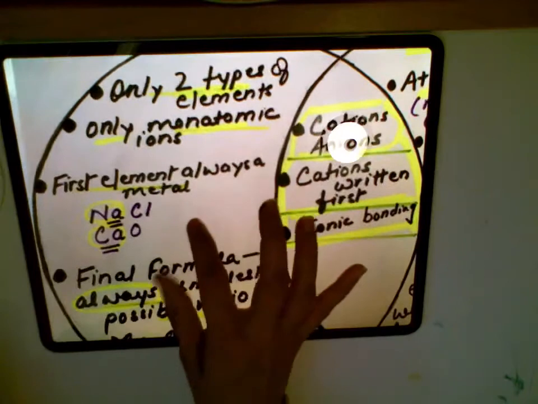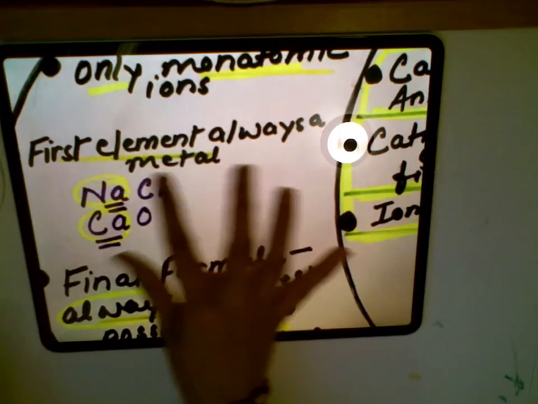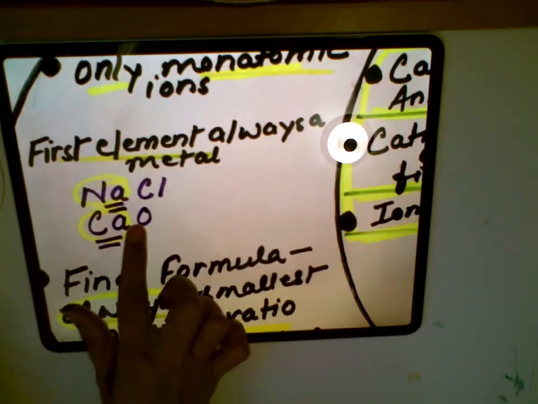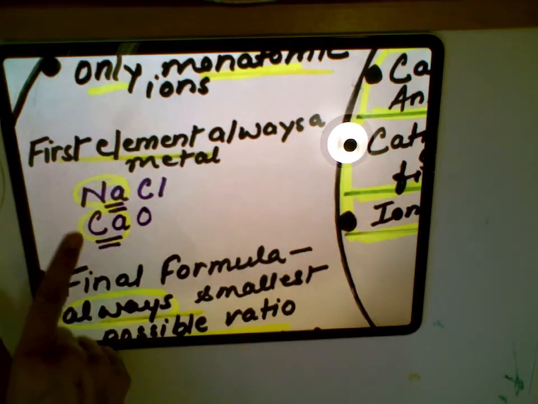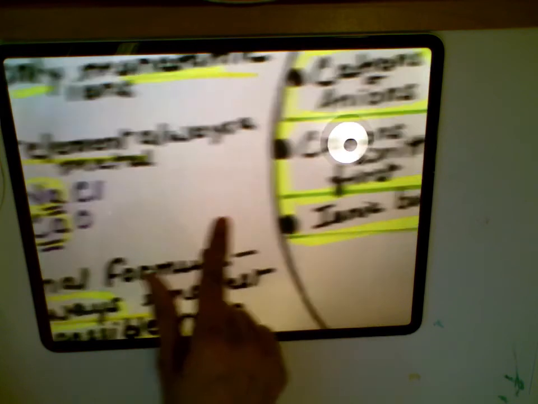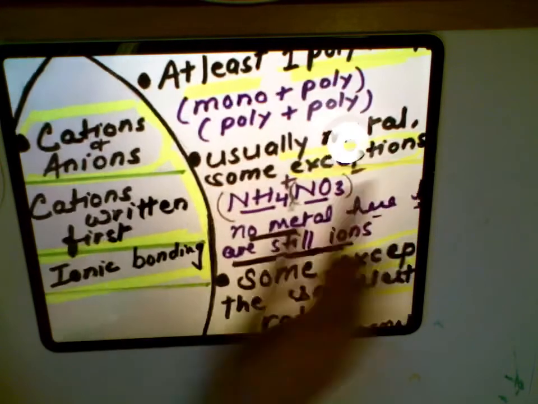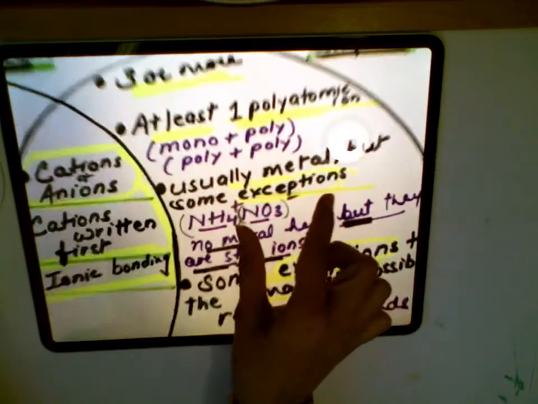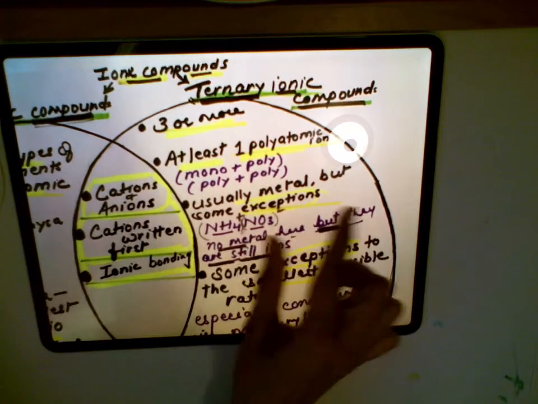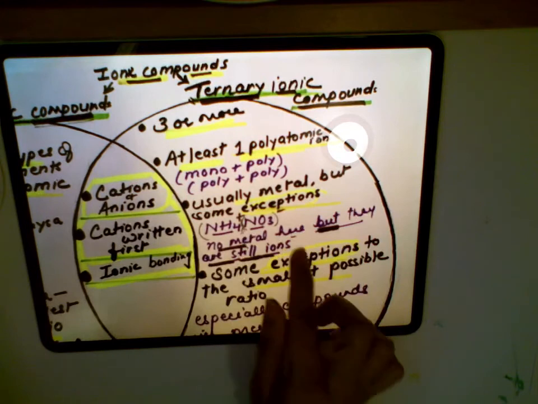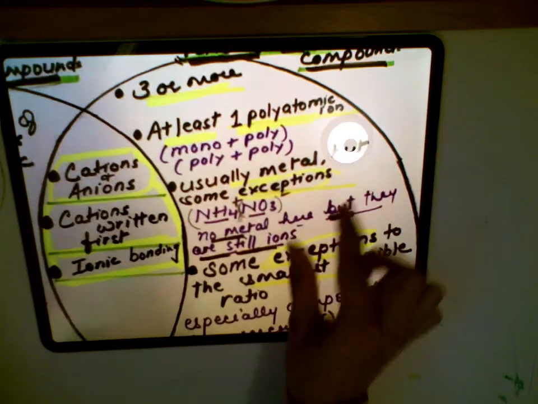For binary, the first element is always a metal. Here, sodium chloride and calcium oxide. Sodium is a metal, calcium is a metal. However, there are some exceptions. Usually the first element is a metal in the case of ternary compounds as well, but sometimes, look at this example of ammonium nitrate.